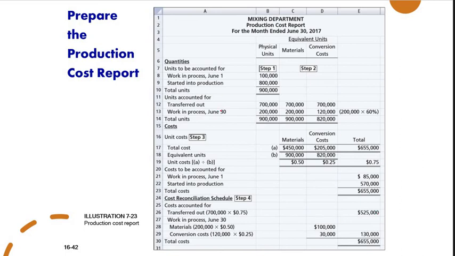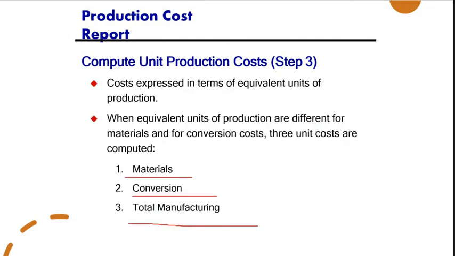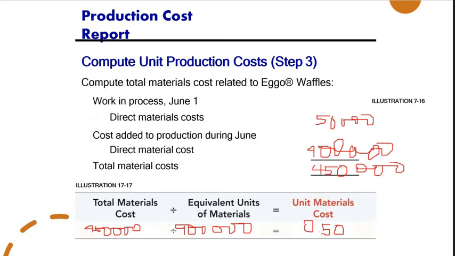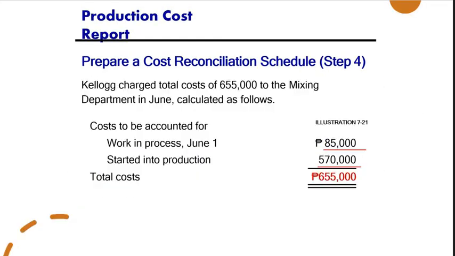So, ito na lang yung ginamit kong ano natin. Okay, so ito yung production cost report. So, after computing all the three, yung una is the material cost, pangalawa is the conversion, and the total manufacturing. Okay, ito yung total manufacturing natin. Okay, ito yun.